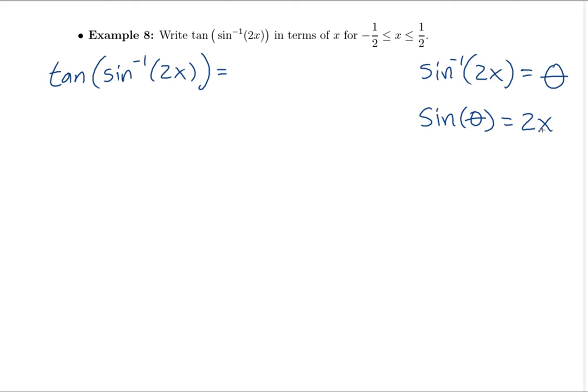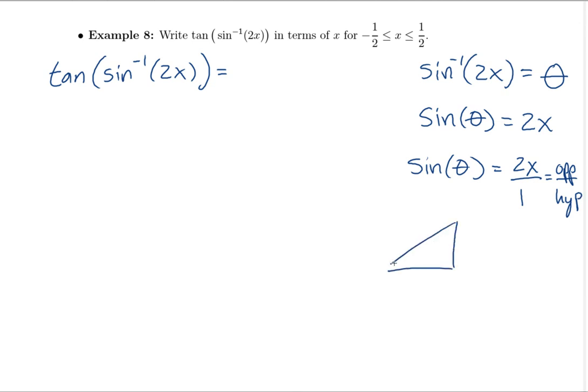Now at first it might not be clear how we make it look like those other ones, because in those we had the sine of an angle or the tangent of an angle equal to a fraction. But don't forget that anytime you don't have a fraction and you want one, you can just make one artificially by saying 2x over 1. And we know that should be the opposite over the hypotenuse. So my picture can be something like this. Here's my theta.